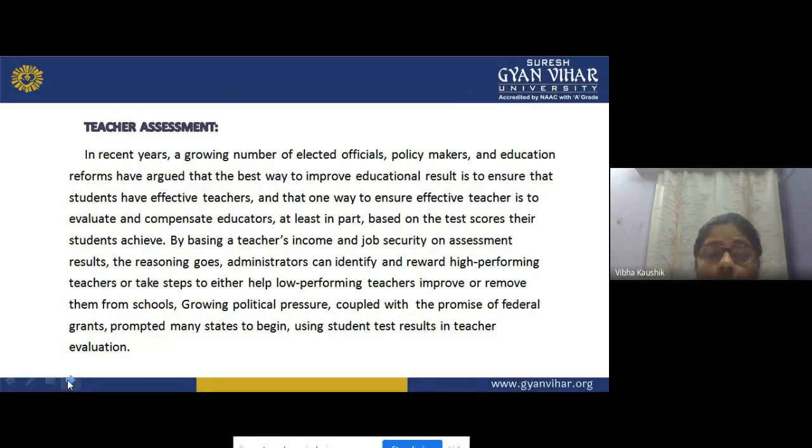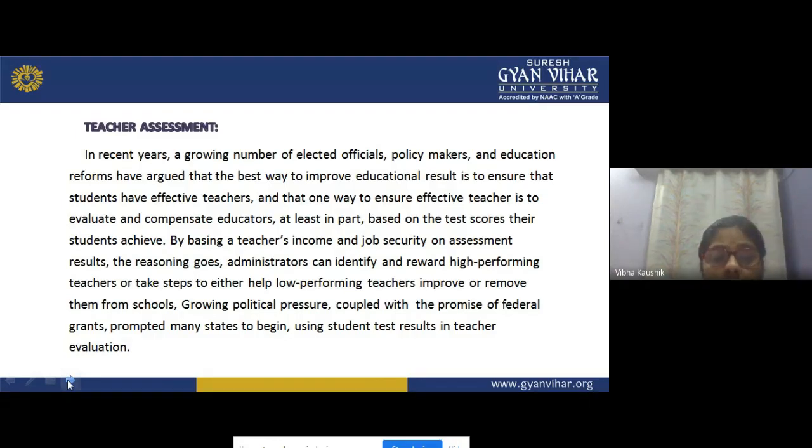On the basis of the teacher assessment, they can reward the teacher for their performance. Second, they can ask the high performing teachers to help the low performing teachers. Or third, the low performing teachers will be removed from the schools.